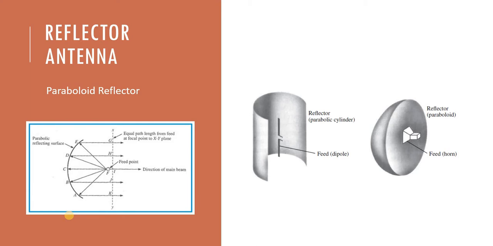In the same manner, if a point source is placed at the focal point, the rays reflected by a parabolic reflector create a parallel beam. By using the reciprocity theorem we can absolutely explain this phenomenon.